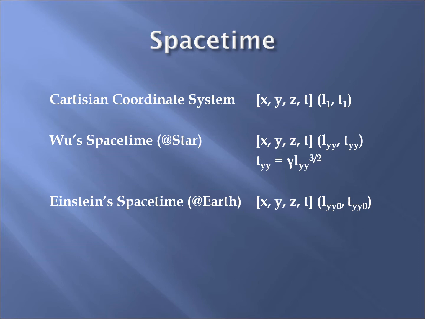Einstein's spacetime is a special Wood spacetime, XYZT, LYY0, TYY0. LYY0 is Wood's unit length and TYY0 is Wood's unit time on Earth.